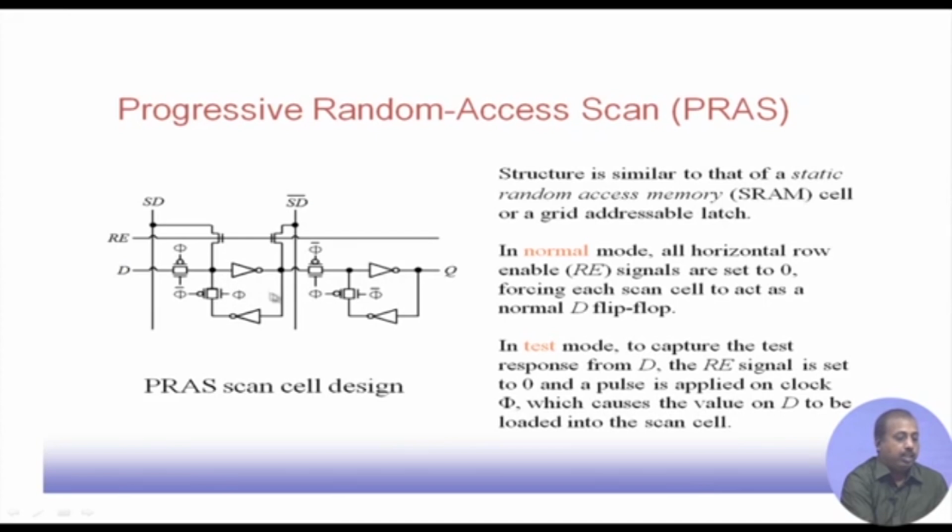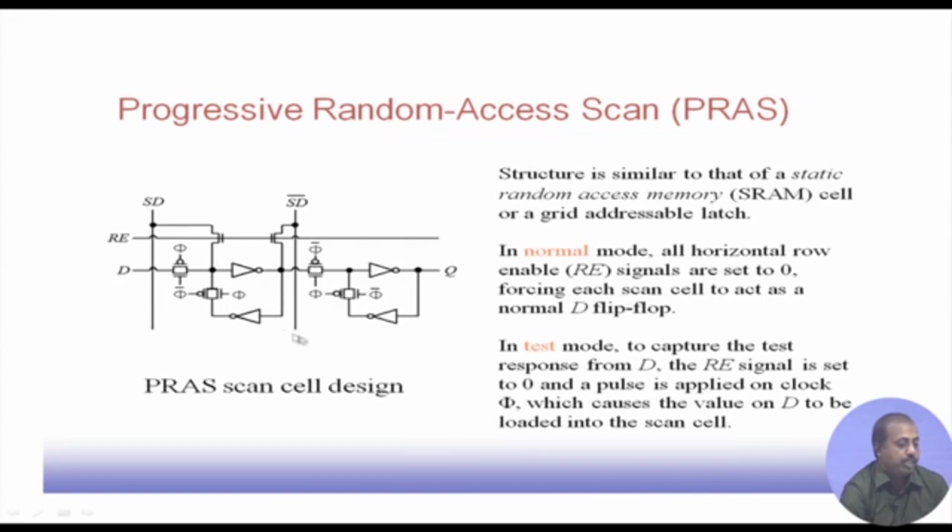If this RE line is 0, that means these transistors are off, so both SD and SD bar lines are off. They will not get selected. As a result, it will continue as normal D flip flops.